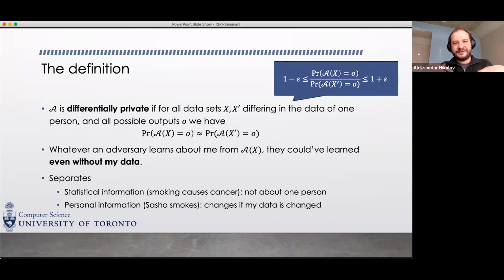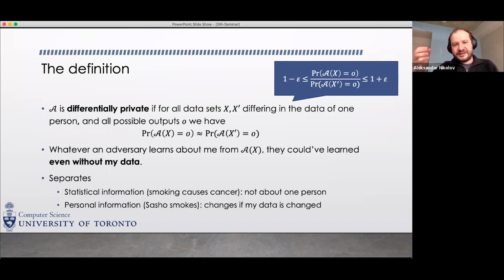So if I take some big data set about smoking and incidences of different cancers, if I change the data of any single person, that's not really going to significantly change the correlation between smoking and different cancers, okay? The statistical correlation is not about one person.